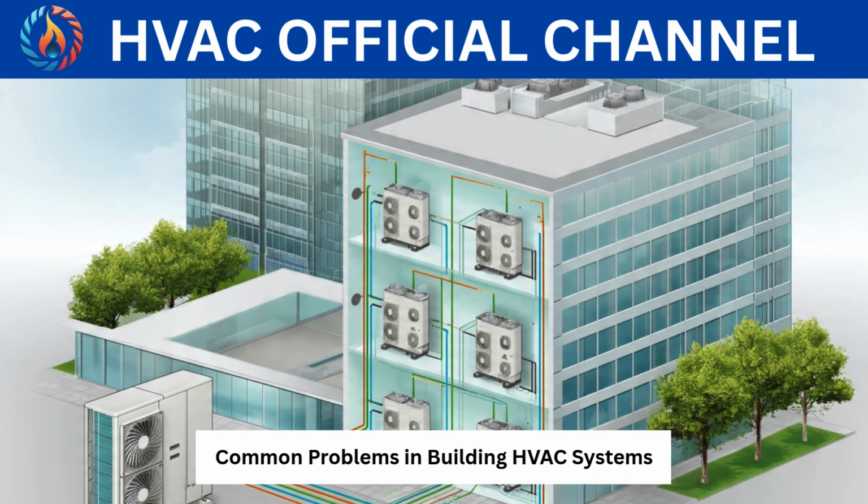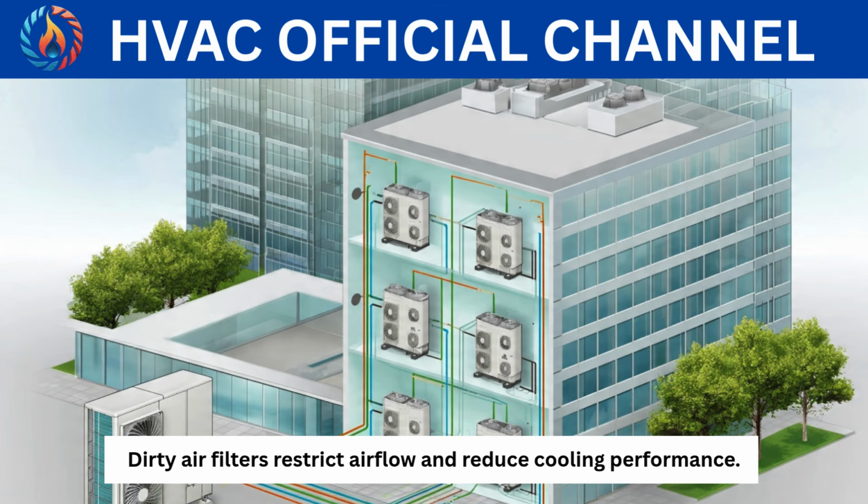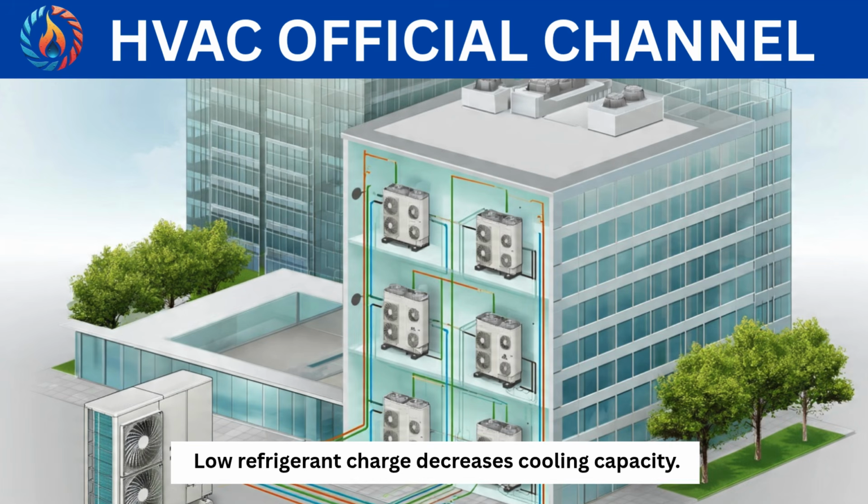Common problems in building HVAC systems. Even a well-designed HVAC system can experience problems if maintenance is neglected. Dirty air filters restrict airflow and reduce cooling performance. Blocked cooling coils reduce heat transfer. Low refrigerant charge decreases cooling capacity.